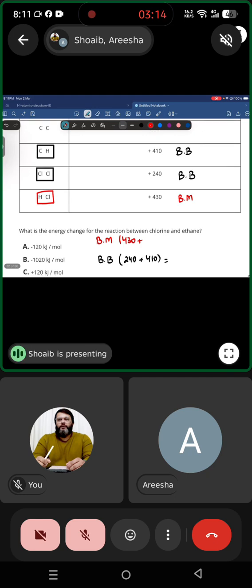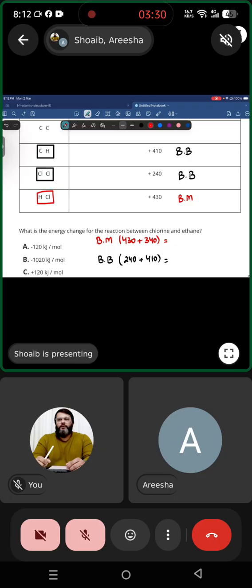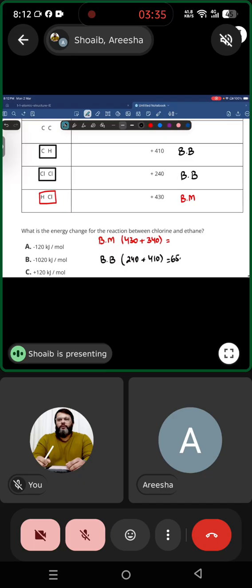Take your time. 650 for the bond breaking, which is 650 kilojoules per mole.